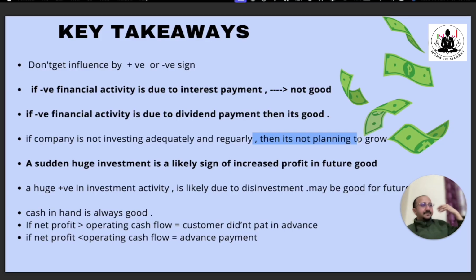It means if the company is investing its money somewhere, then in future they will get good returns on that investment, right? So a sudden huge investment is likely a sign of increased profits in future. How? I earn money today, I invest in the stock market, and after 2 or 3 years, I will get the returns. So again, for the future, it's a good sign. So a huge negative in investing activity is due to these investments.